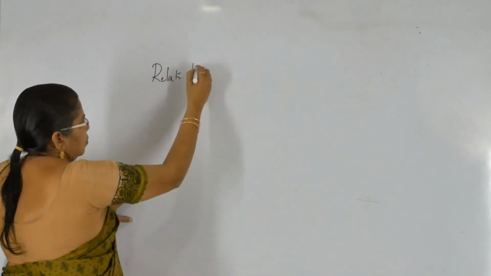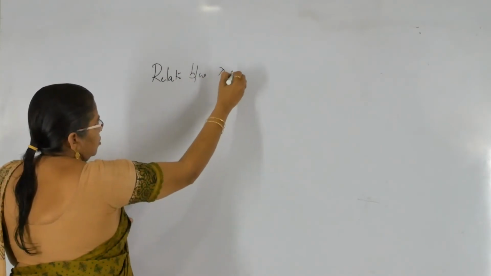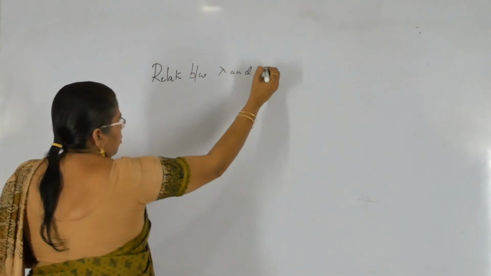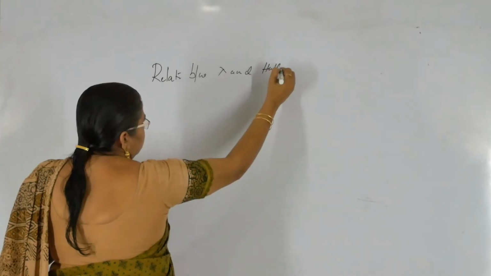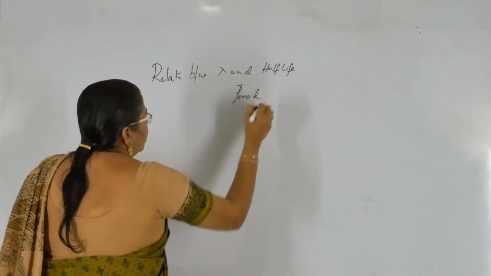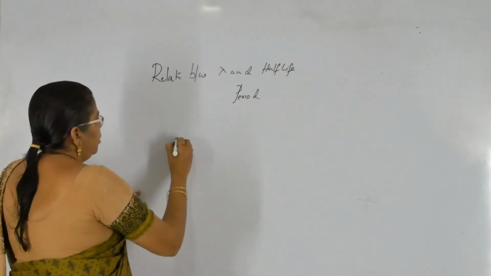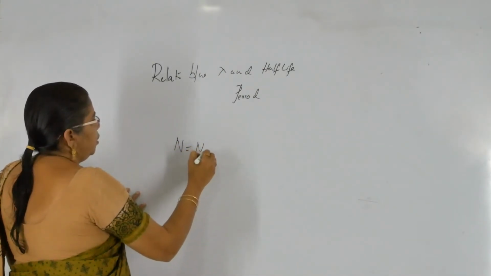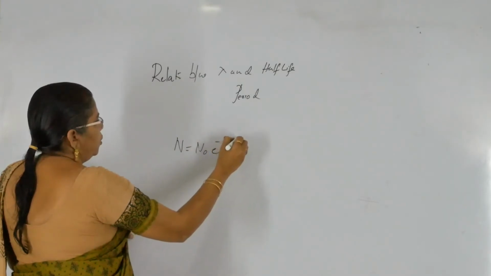Now the relation between the disintegration constant and the half-life period. We have the relation N is equal to N0 e power minus lambda t.